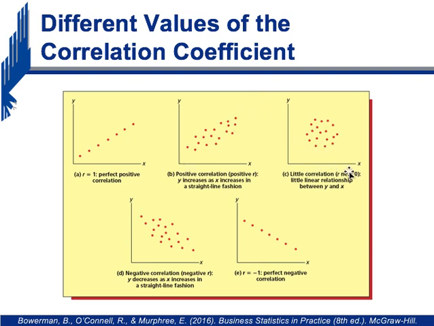Here we have little correlation, so r is expected to be near or close to 0 because there seems to be no linear relationship between x and y. Here, this scatter plot indicates a negative correlation, so the trend is decreasing, and this one here shows us a perfect negative correlation. So there is a perfectly straight decreasing line indicating a negative relationship between x and y.